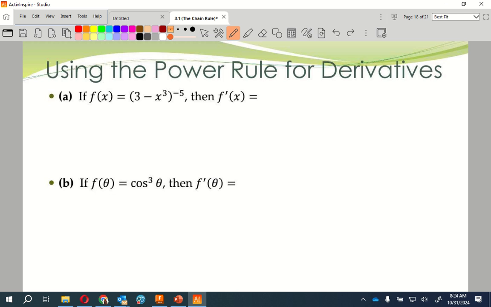So u would be what? Very good. du, so I'm starting to rewrite it as Leibniz. So du is going to be negative 3x squared, right? Good. Now I'm going to rewrite it. So now it's going to be u to the negative 5.